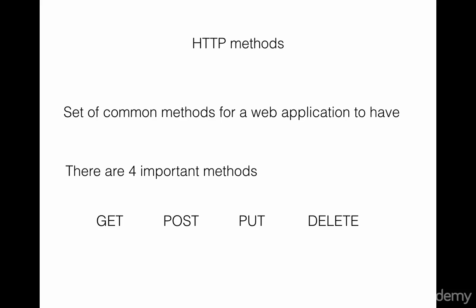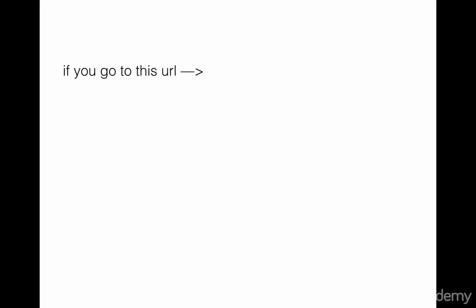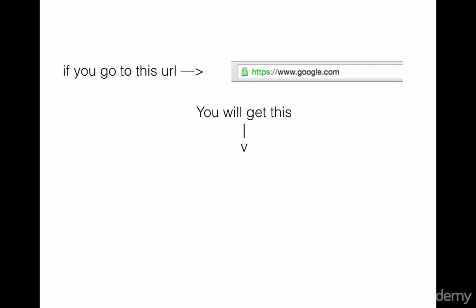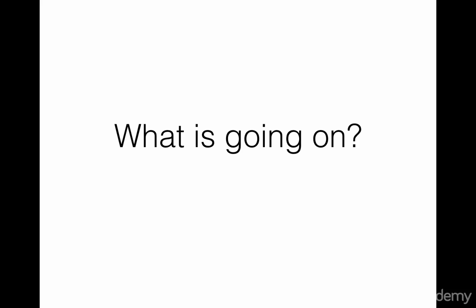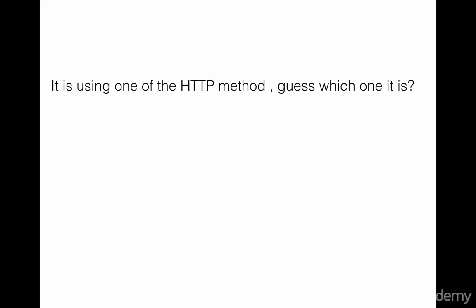So let's see some examples. If you go to google.com, it will show you the nice and clean Google page. But what is going on right now? The question is, what kind of HTTP method is Google using for this specific URL? Guess which one it is. It is the get method.